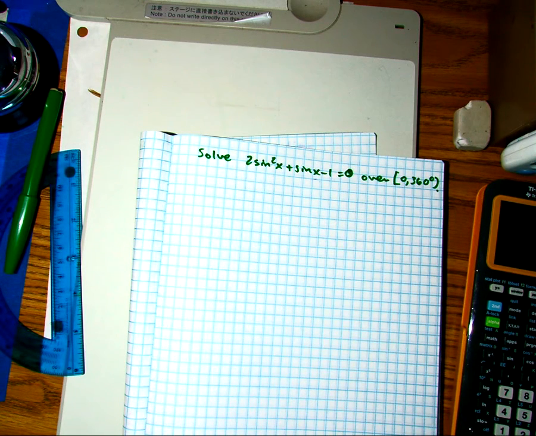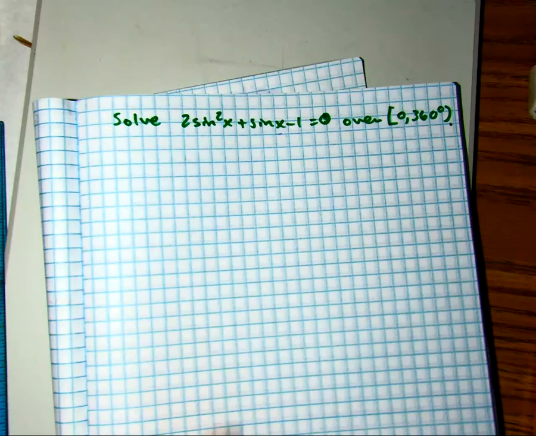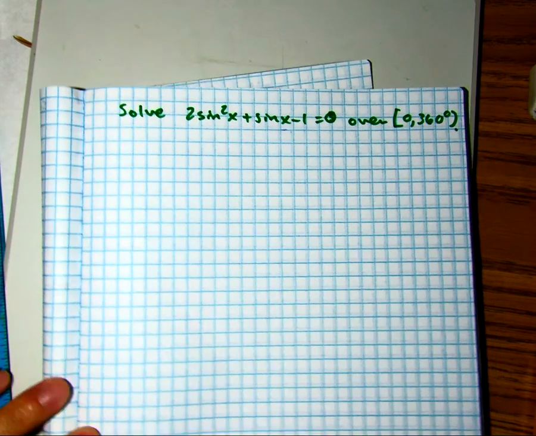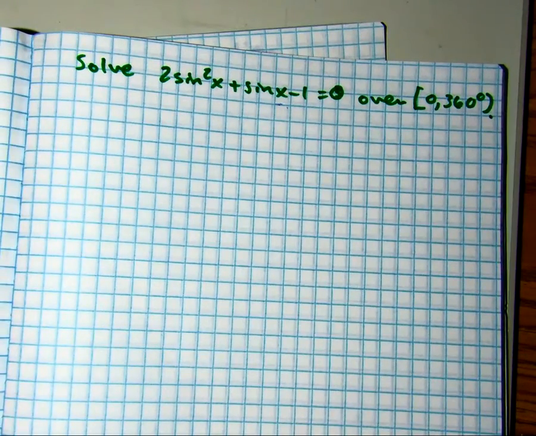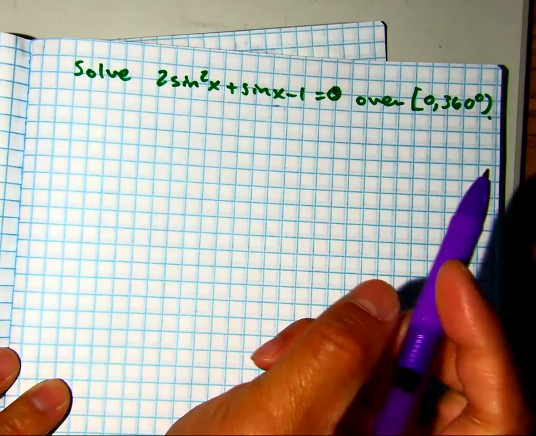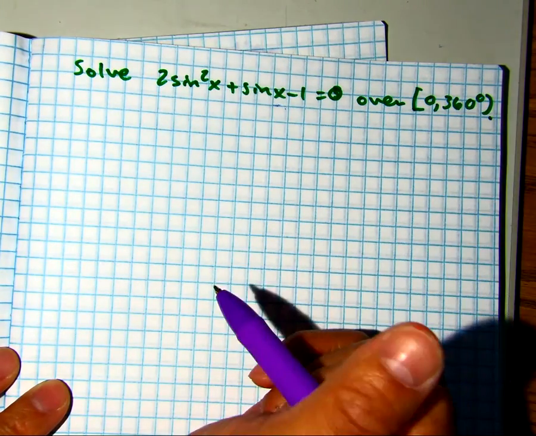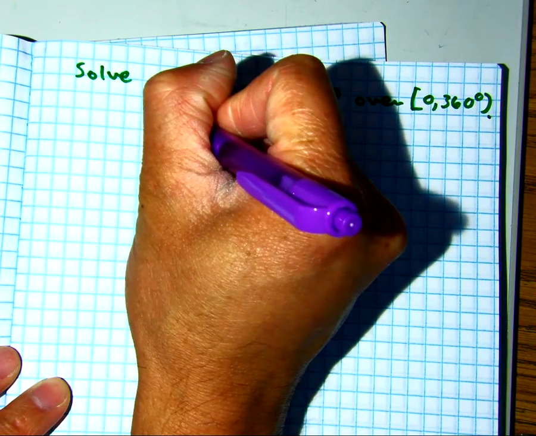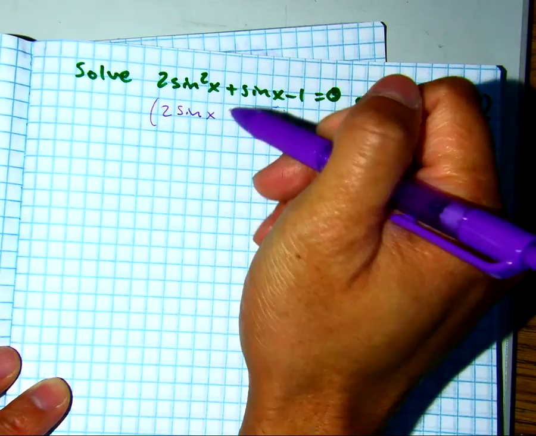Janet, how did you solve this one? Janet's right here. Melina? Okay. So what I did, I put... Oh, we factored. You factored it? Okay, so it's going to be 2 parentheses sine x parentheses squared.